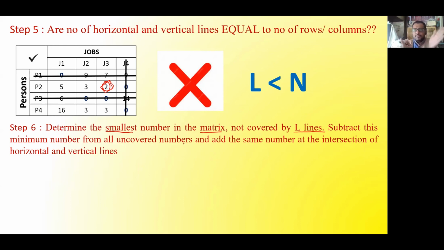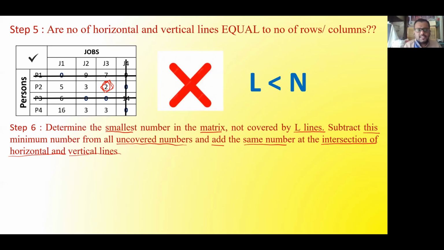Again we are finding out the base, we are comparing this 2 with the base as well. Subtract 2 from all uncovered numbers, and this is the main part, add the same number at the intersection of horizontal and vertical lines. Again I repeat in simple language: whatever number we have selected, that is 2, we have to subtract it from all uncut elements and add it at the intersection points.